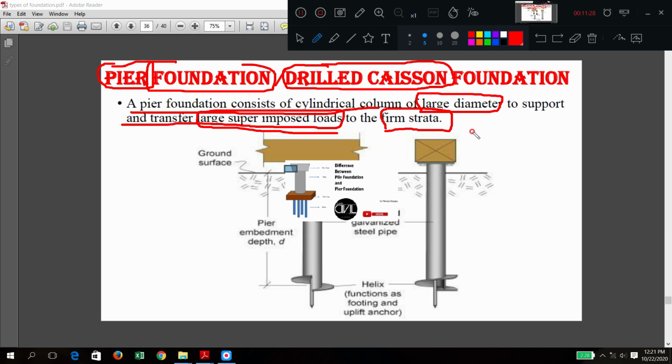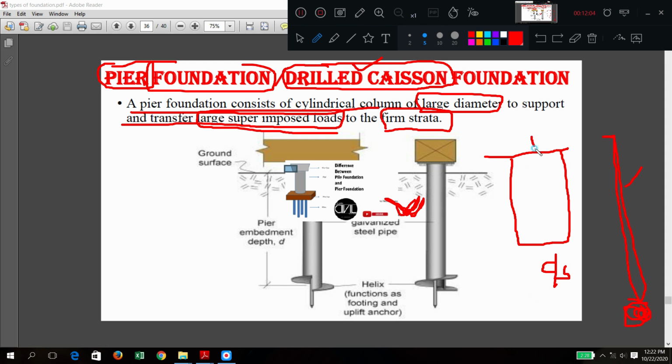Compared to the previous type of foundation, that is pile foundation, which is very deep but the cross section is very less, compared with them, these pier or drilled caisson foundations have shallow depth, but the cross section is larger.